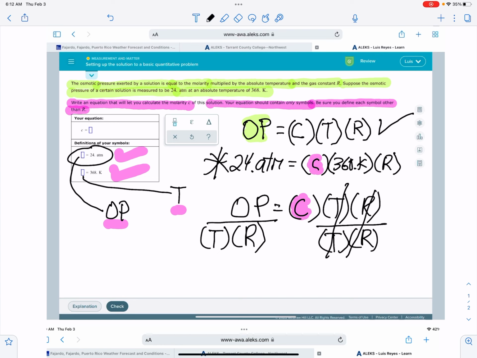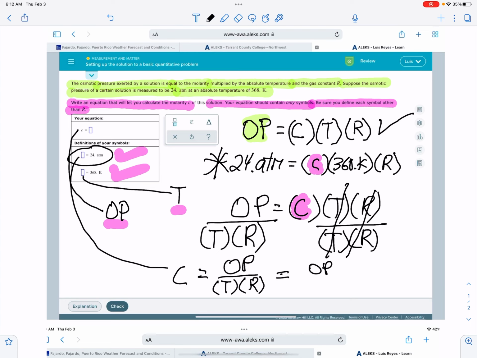So the answer to the question would be C equals OP divided by T times R. You can also put it like this: OP over TR. We understand that those are multiplied. So that's how you will do that one.